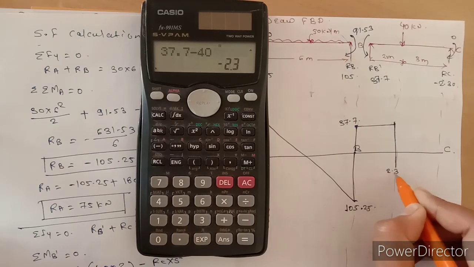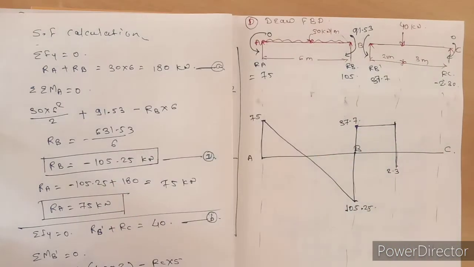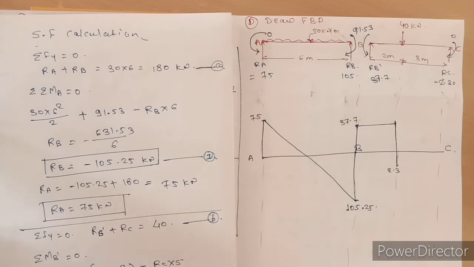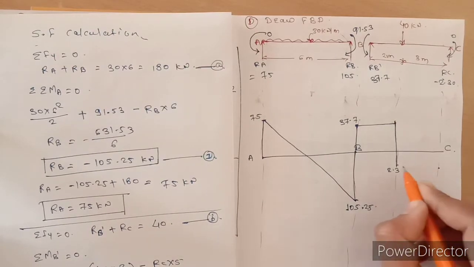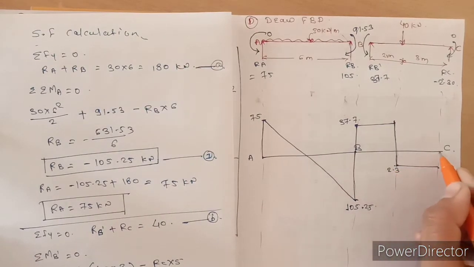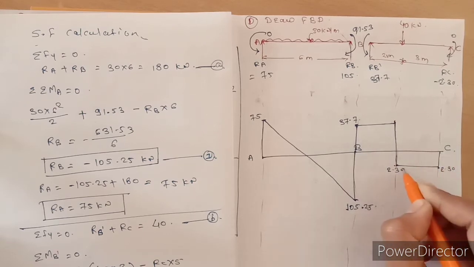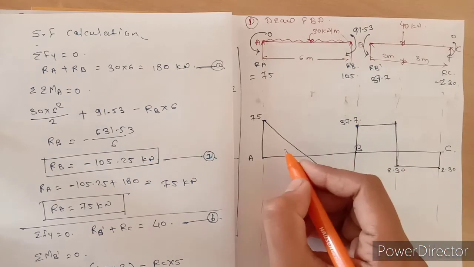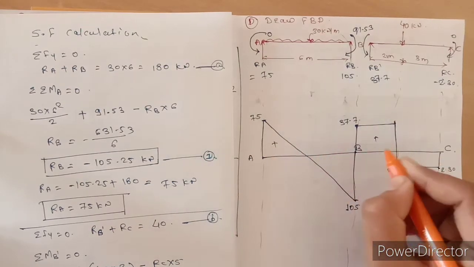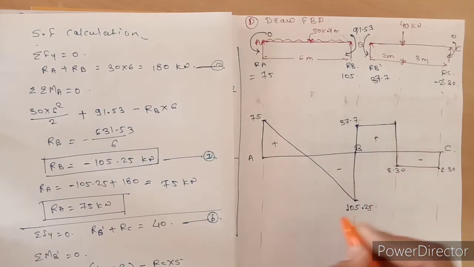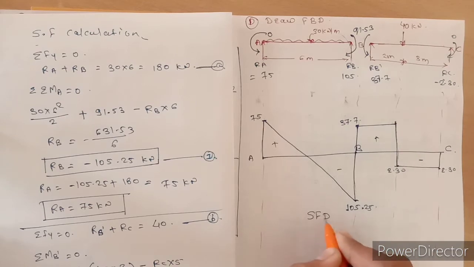Here 2.3. And next, last for RC is 2.3. This is our shear force diagram in kilonewton.